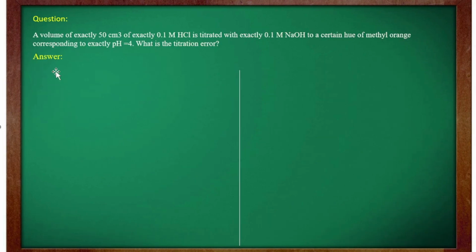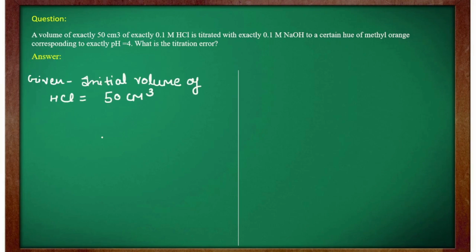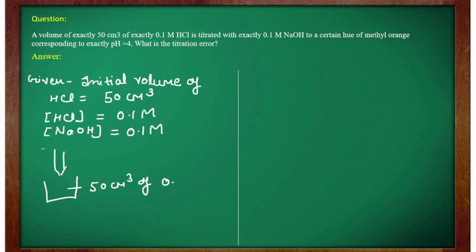In the above question, given concentration of hydrogen chloride is equal to 0.1, volume of hydrogen chloride is 50 cm³ and concentration of sodium hydroxide is equal to 0.1 molar. Equivalence point of any titration can be calculated using M1V1 equal to M2V2.